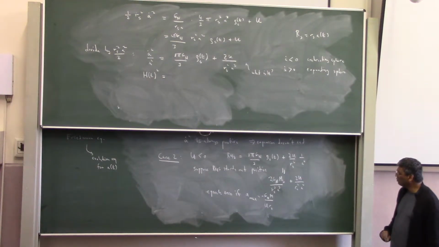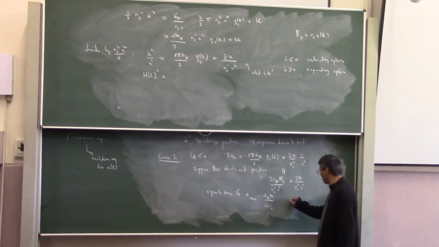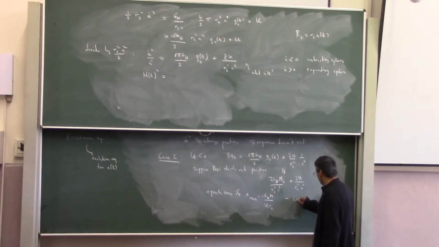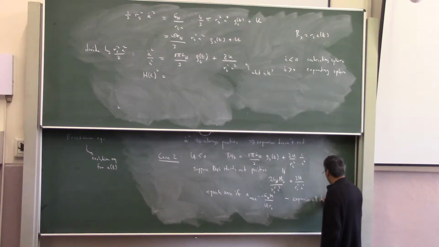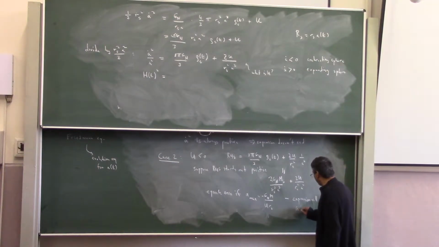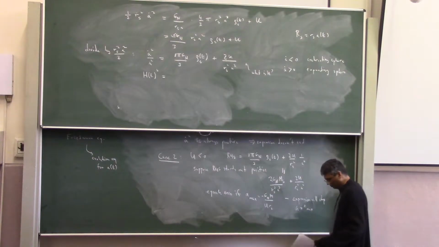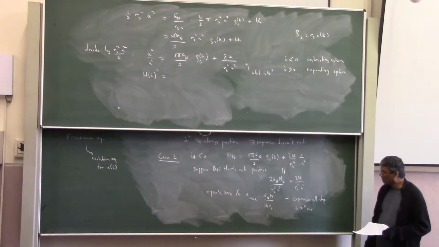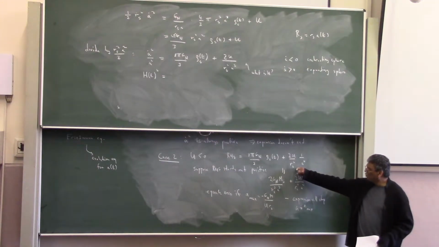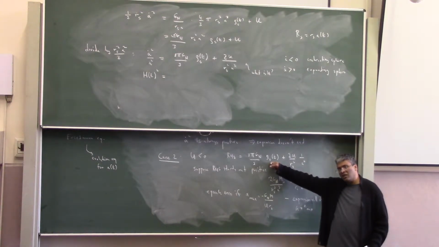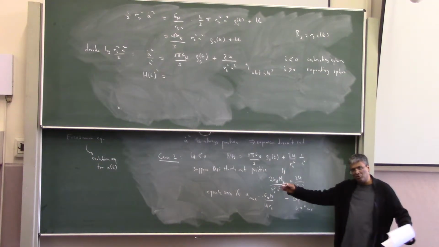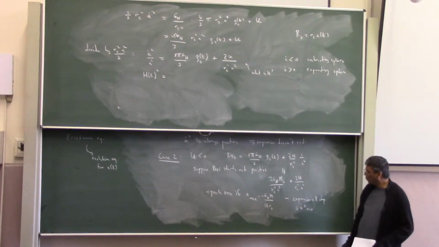So in this case, the expansion will stop, with a scale factor A equals A max. Afterwards, this u term will start to dominate this mass term, and the expansion will start to contract. So it'll collapse.